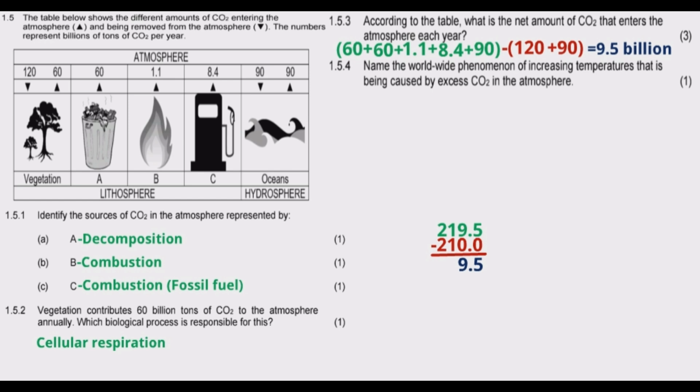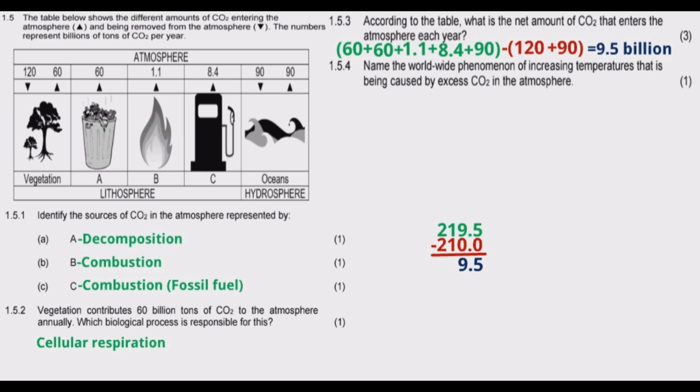The bad part is that this 9.5, in an actual scenario, is the carbon dioxide that is added into the atmosphere per year. There is nothing removing this carbon dioxide from the atmosphere, so it will keep on accumulating. That's why it is also invoking global warming.